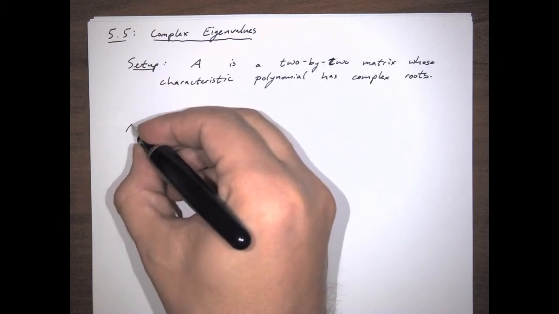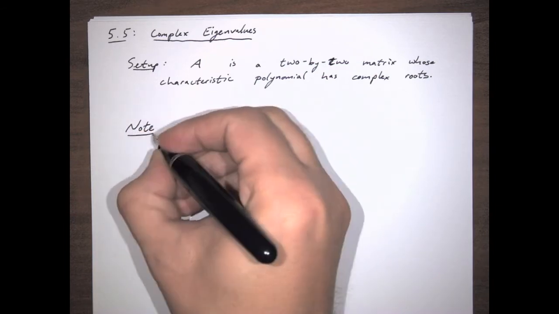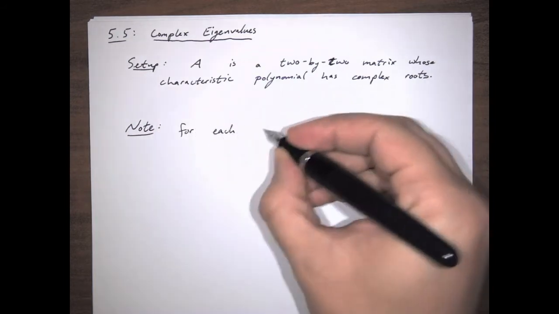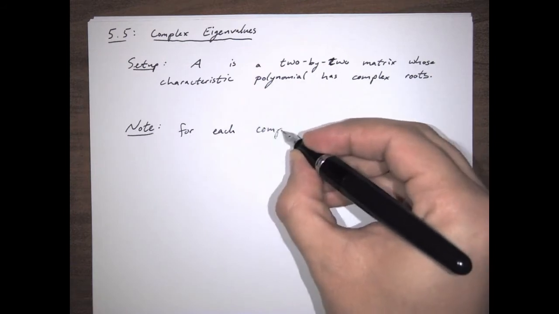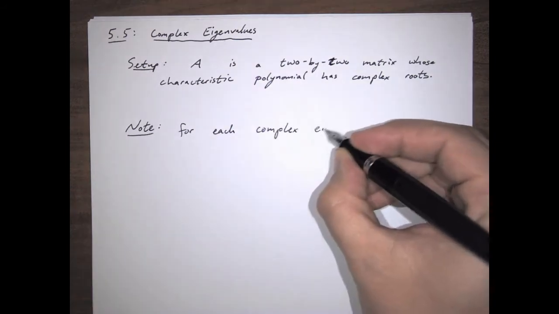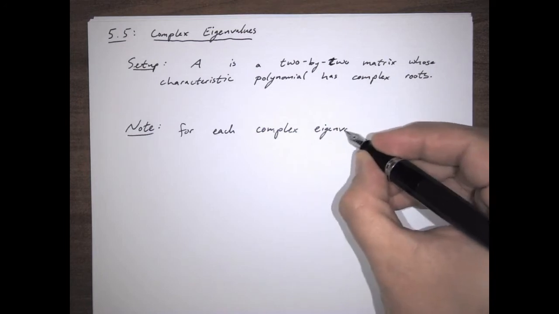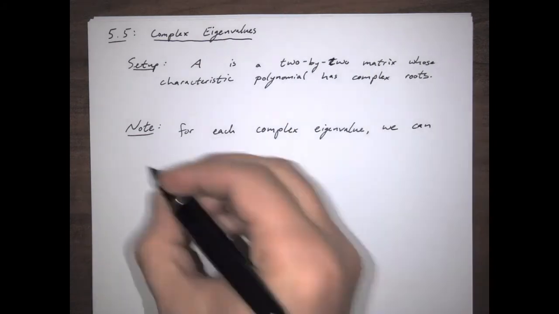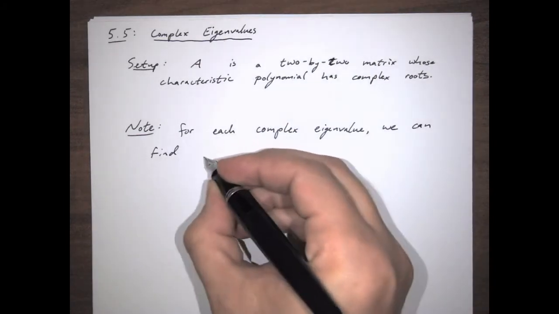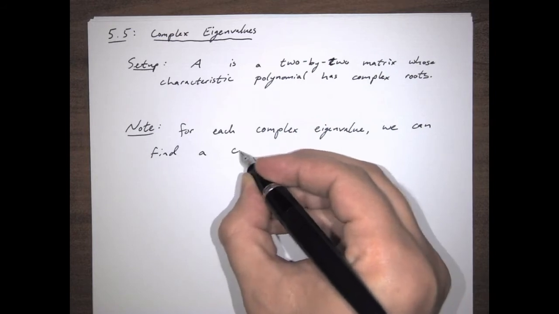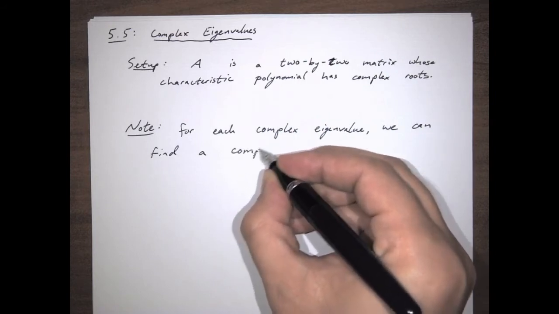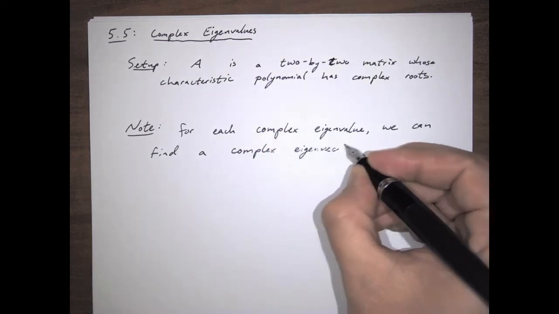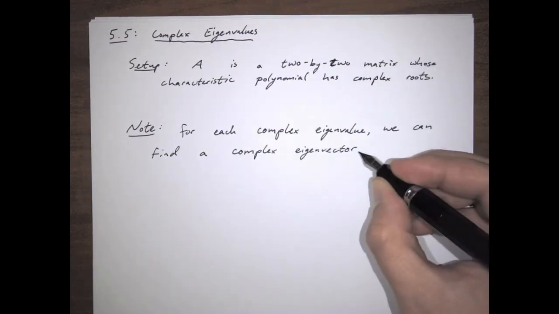So, note, for each complex eigenvalue, we can find a complex eigenvector.